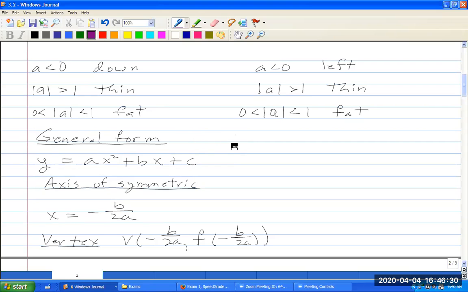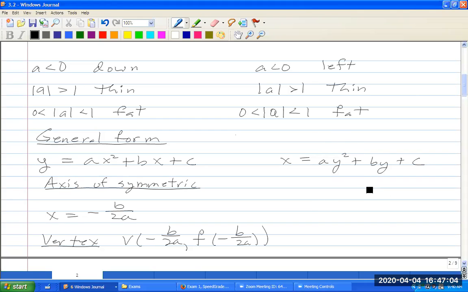If instead you had x equals ay squared plus by plus c, this would also be the equation of a parabola, but instead of going up or down, it goes right or left.